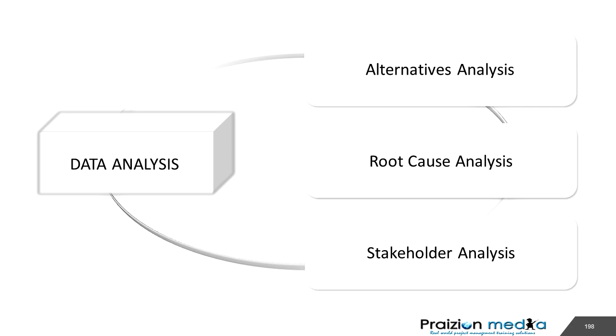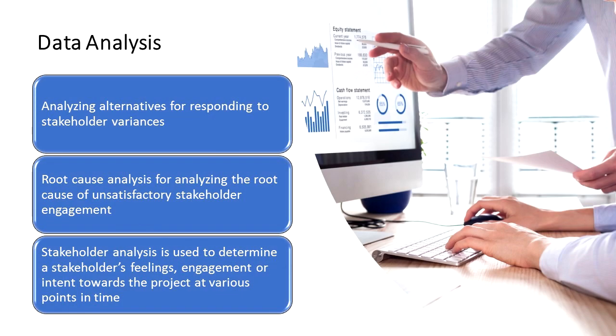Data analysis. Under data analysis, we're thinking of alternatives analysis, evaluating alternatives to get desired results from stakeholders. We also have root cause analysis, trying to find the root cause for disengagement of stakeholders. We also have stakeholder analysis. You also want to do a stakeholder analysis to determine the position of stakeholders.